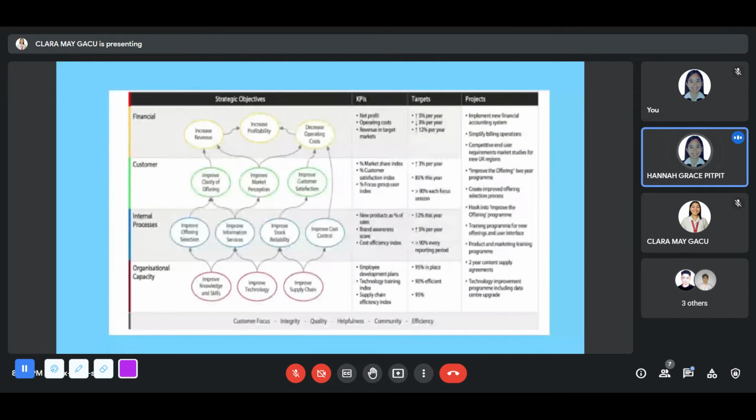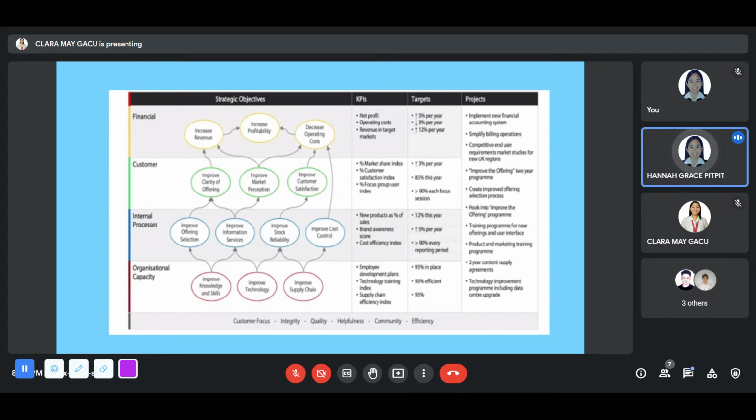Here's another example of the balanced scorecard, and that could be helpful for companies that want to break down higher level goals into more precise, quantifiable targets. Consider looking into it if you want to turn your big picture goals into concrete initiatives.